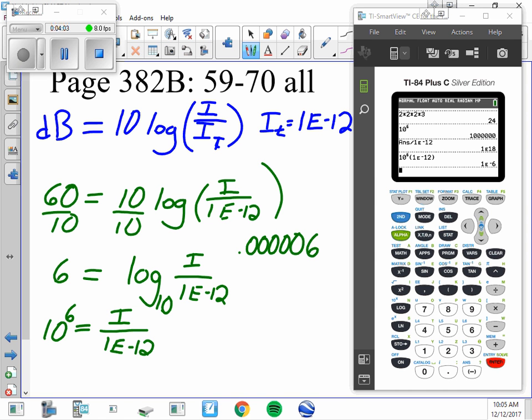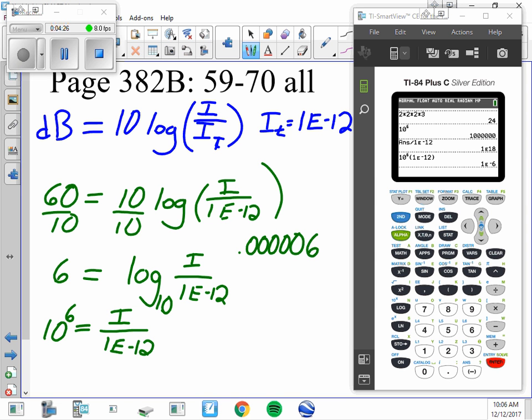This isn't one of your problems, but it will help you with your problem. So how much energy does it take to create 60 decibels? 0.000001 watts. I is in watts.